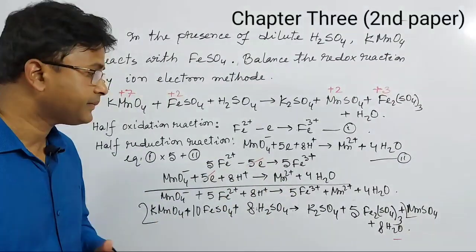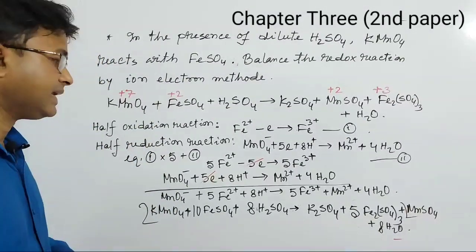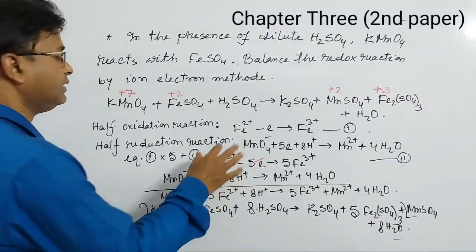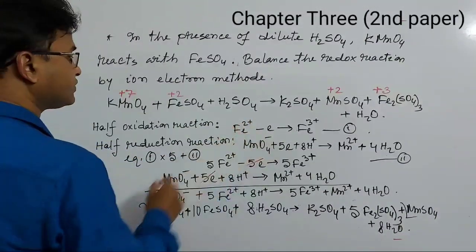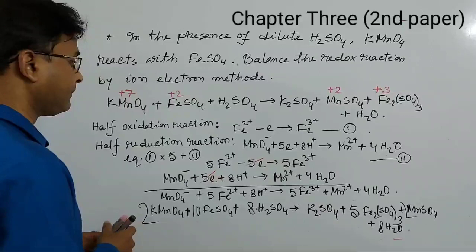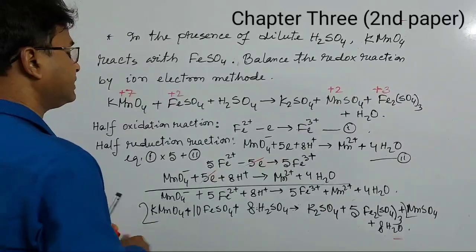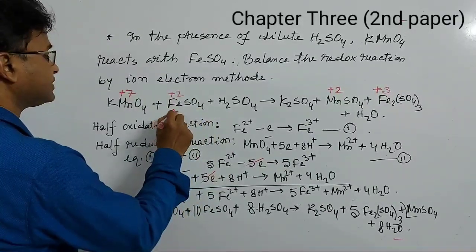So students, this reaction is balanced, and if you observe the half oxidation reaction, you will see that Fe2 plus releases electrons. Ferrous ion, ferrous sulfate is a reducing agent.